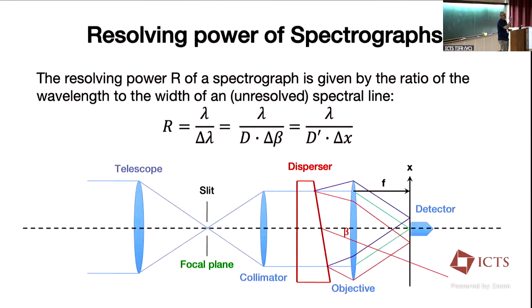If I have a single, unresolved line, it will be projected on the detector and will have a certain width delta x. I can convert that into resolving power if I know how much this delta x is. That's the formula to convert it into resolving power.